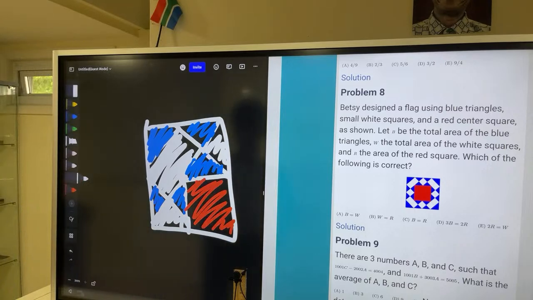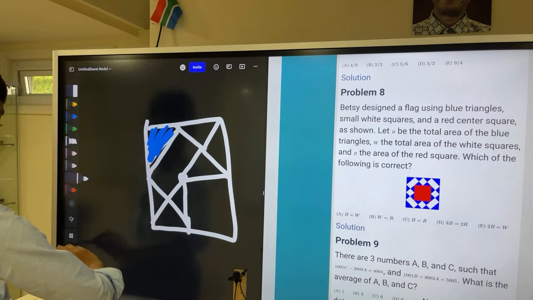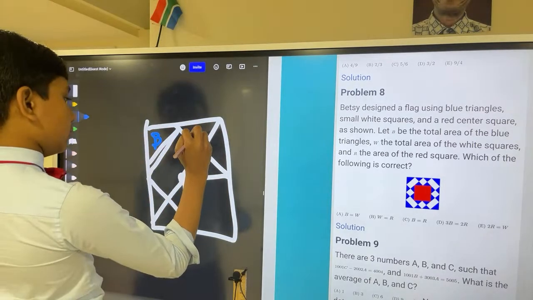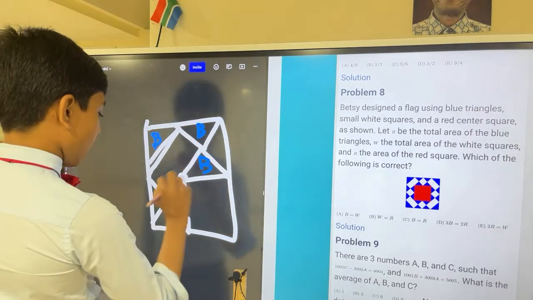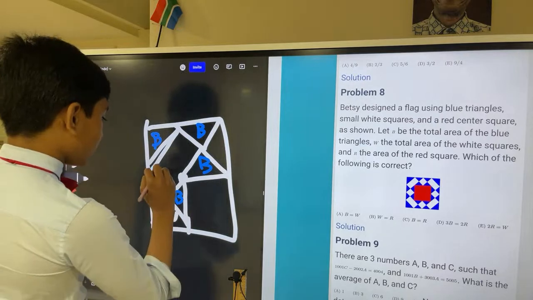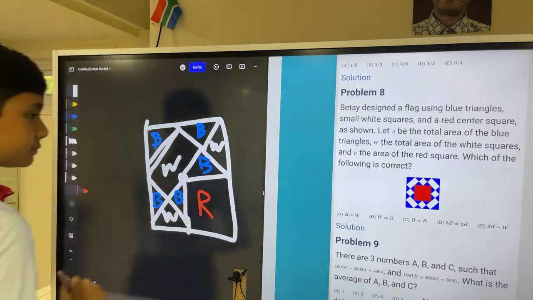Alright, so there's a representation of a quarter of the flag. But honestly, this looks messy. So I'll just write B on every blue part. W on every white part. And R on the red part.